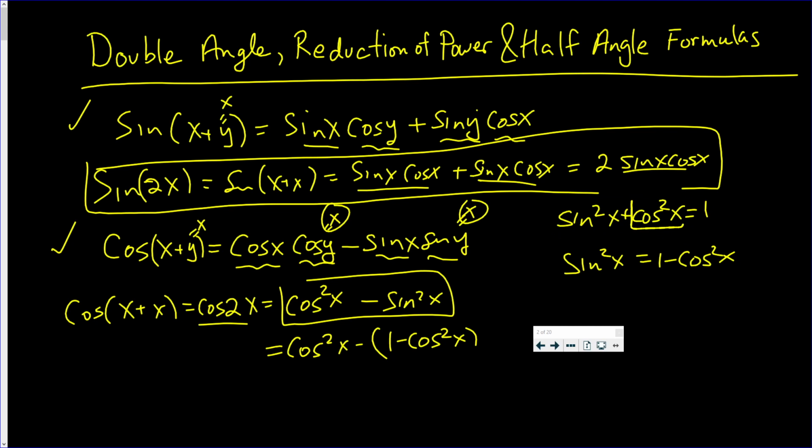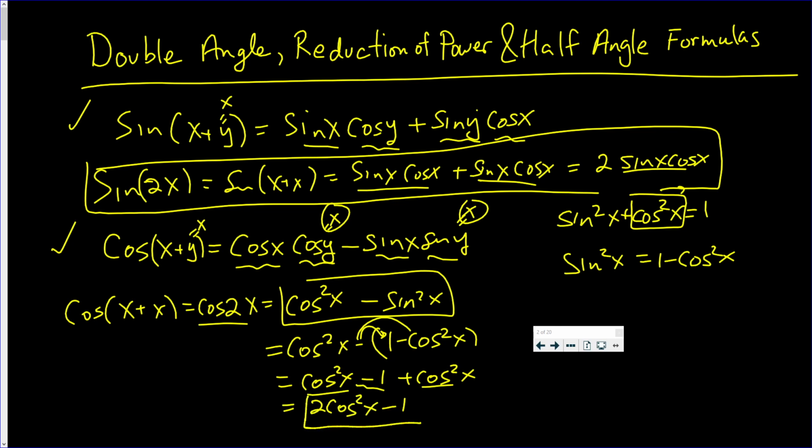So we get cosine squared x minus 1 minus negative cosine squared x, which is cosine squared x plus cosine squared x is 2 cosine squared x. Don't forget to take away 1. That's another way of writing the cosine of 2x.